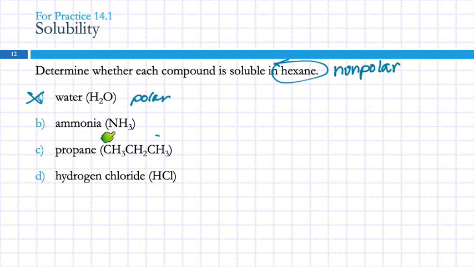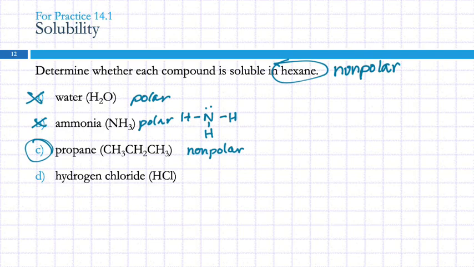It's hard to tell from looking at NH3, but if we look at its Lewis structure, we got lone pairs on the central atom. So that's also polar. Again, will not mix. There's propane. Is that polar or nonpolar? That's nonpolar. It's only got carbons and hydrogens. So should that mix with hexane? Yeah, it should.